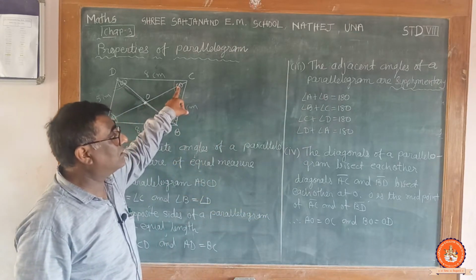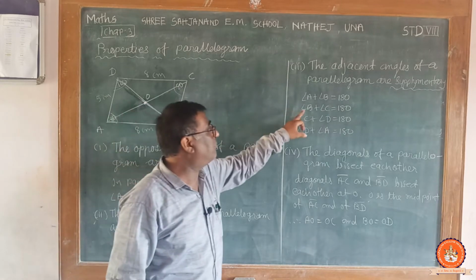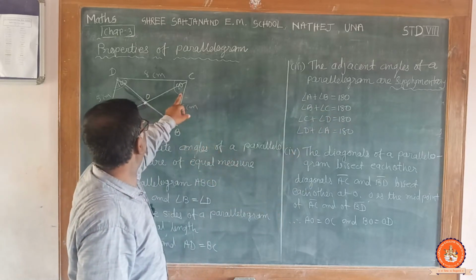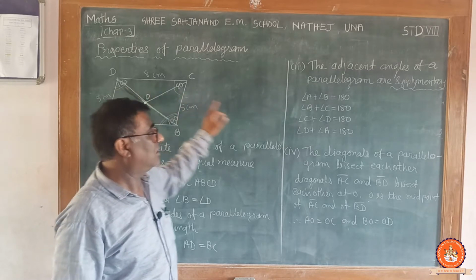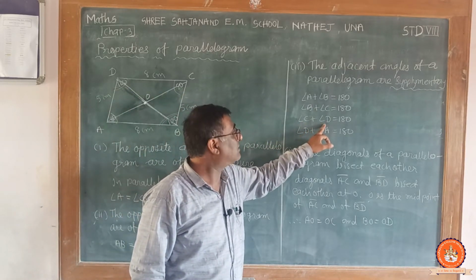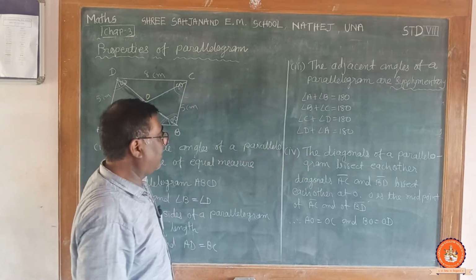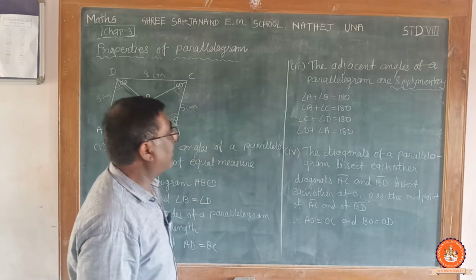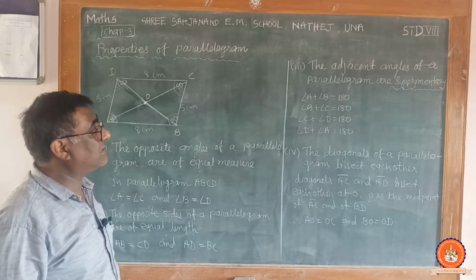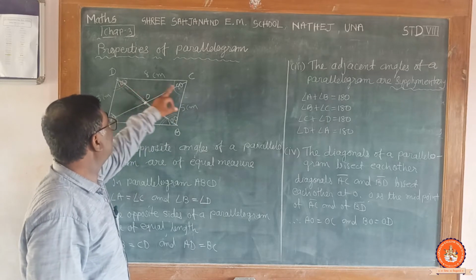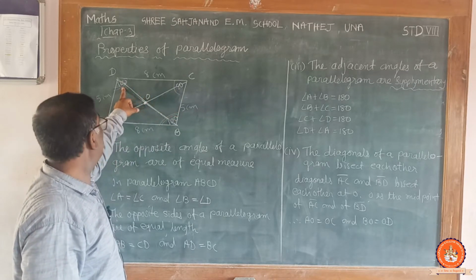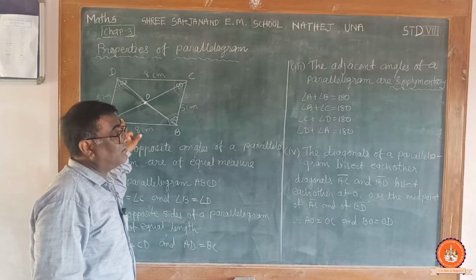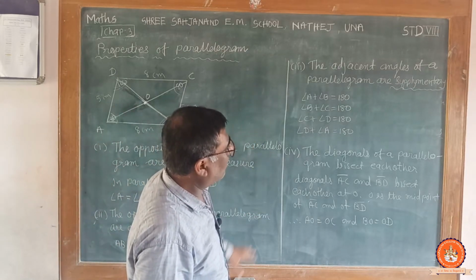B and C is the other pair of adjacent angles, angle C and angle D is the third pair, and D and A will also be 180 degrees if they are added. So angle A plus angle B is equal to 180, angle B plus angle C is equal to 180, C and D sum of measure of angles 180, and D and A sum of measure of angles will be 180. Okay, so adjacent angles of a parallelogram are supplementary.